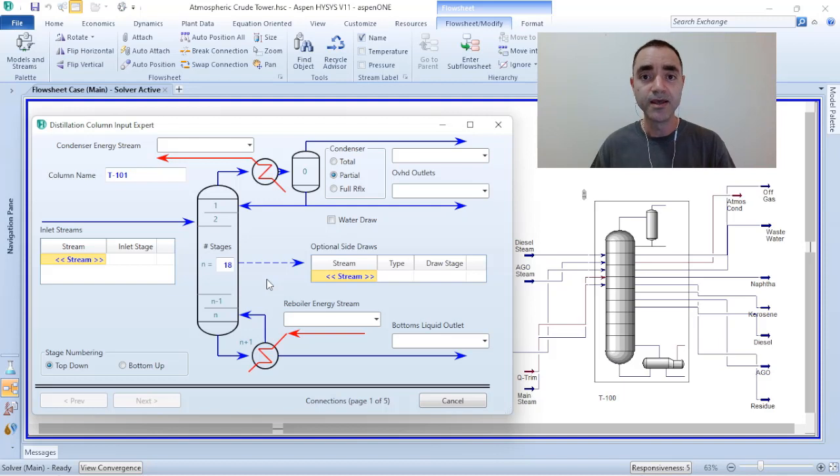So in this way, I have 18 trays in my distillation column, but I have 20 stages of equilibrium in my distillation column. But there is something to observe also. Eventually, your condenser is not a partial condenser. It can be, for instance, a total condenser.